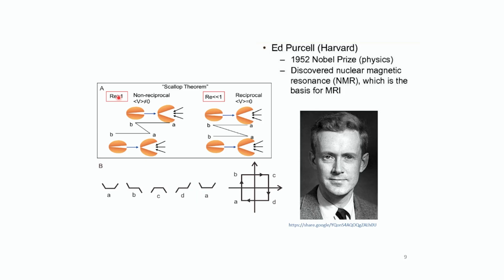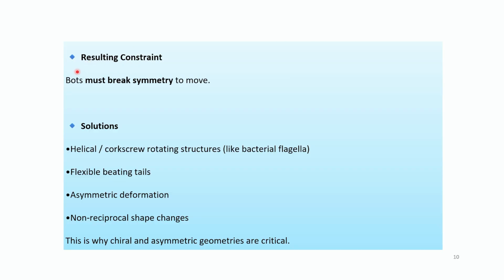When the Reynolds number is greater than 1, there is a displacement, and when the Reynolds number is very much less than 1, the net displacement is 0. So the resulting constraint is that the bots must break symmetry. What we conclude is that the bots must break symmetry to move.